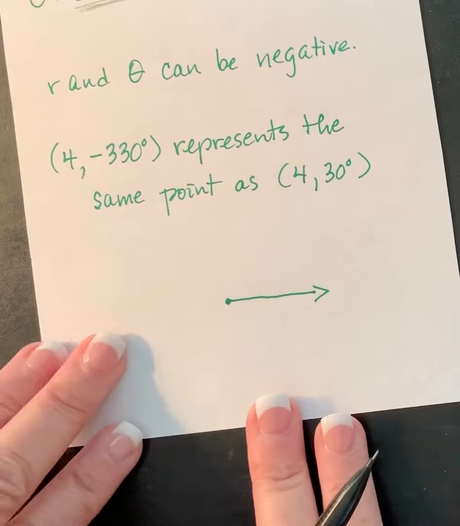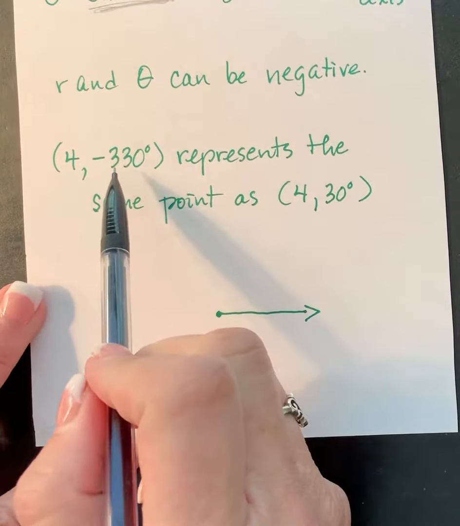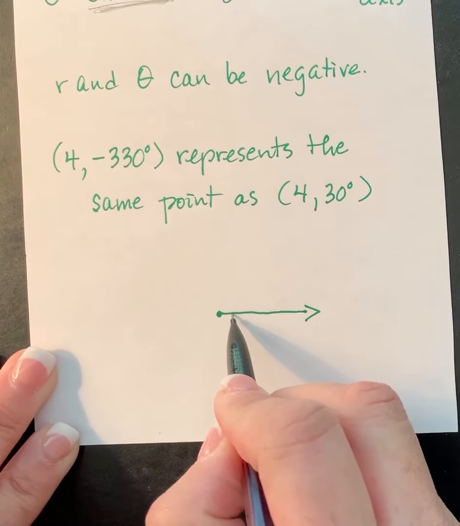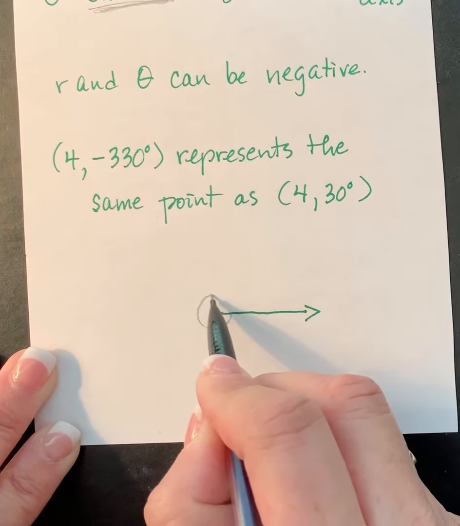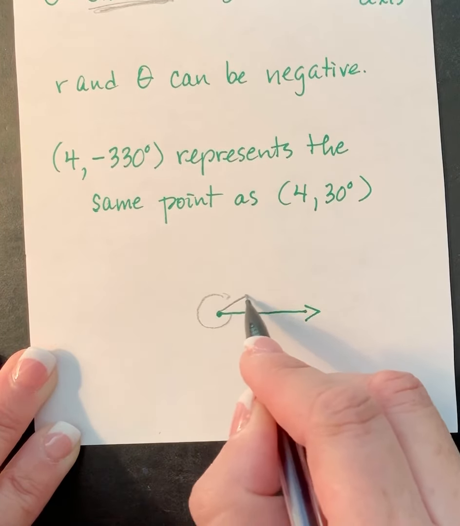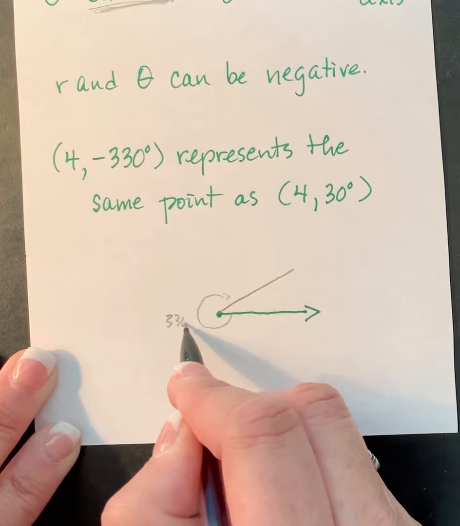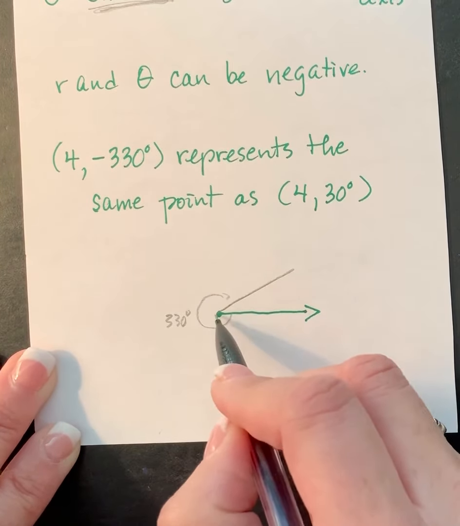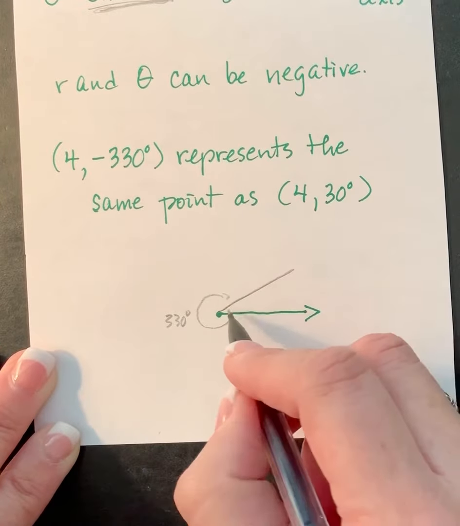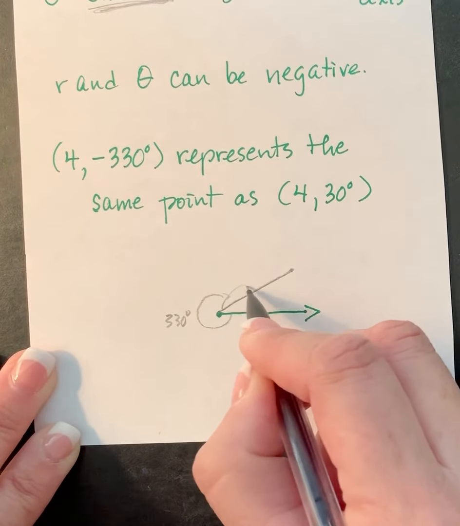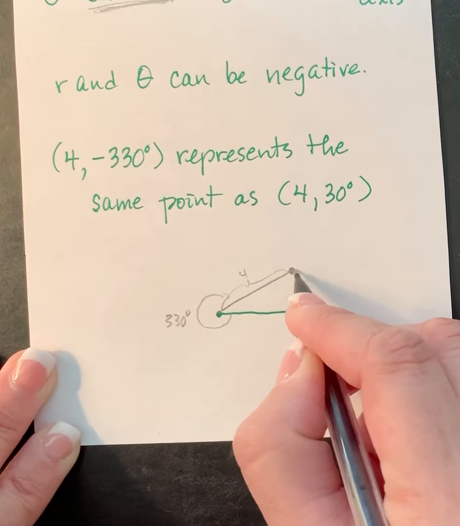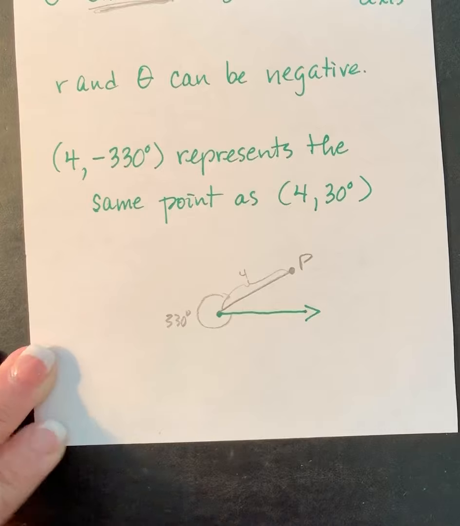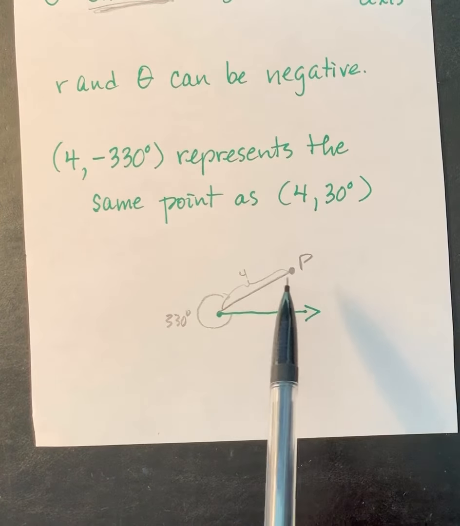If you just picture 4 comma negative 330 degrees, so if this is your polar axis, you would rotate in a negative way, clockwise 330 degrees, which has you going out at the same angle as the 30 degree one. And if r is 4, then this will be the same length here. And so that's why 4 comma 30 degrees and 4 comma negative 330 degrees represent the same point.